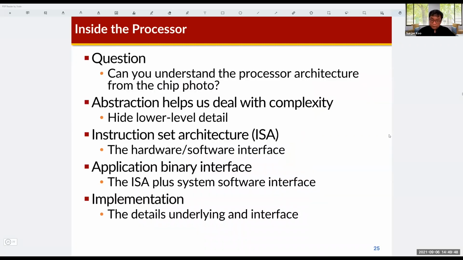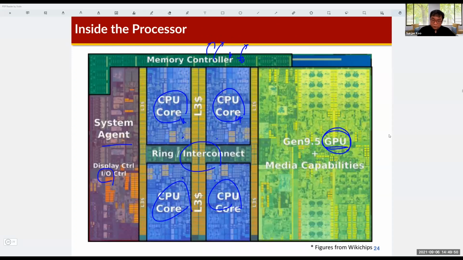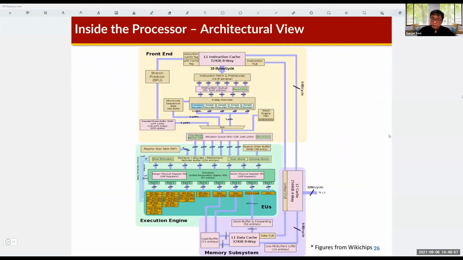So you can see this CPU core, and then inside of this CPU, you can find the many components inside of each core. You did not learn about the computer architecture yet, so you cannot understand these figures fully.